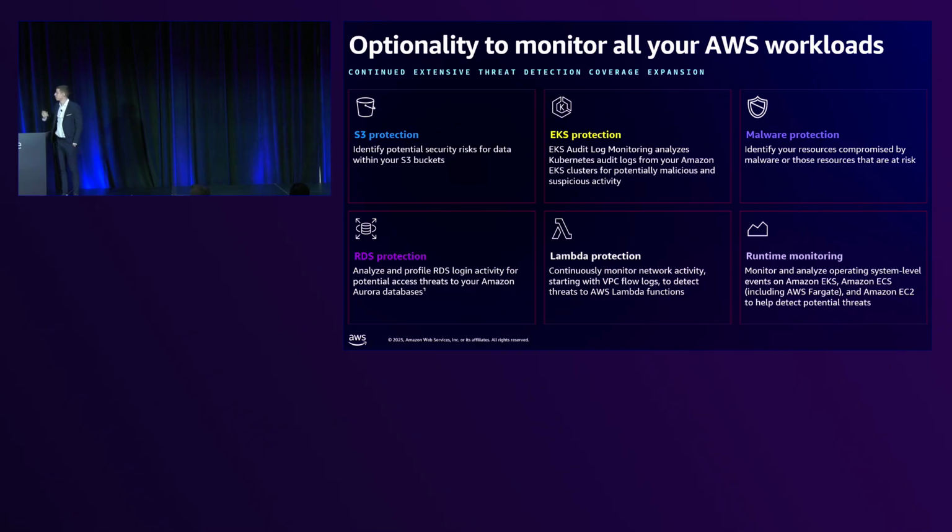So for example, S3 protection helps you detect malicious activity that relates to your S3 buckets, such as data exfiltration or data destruction. Another example is RDS protection.